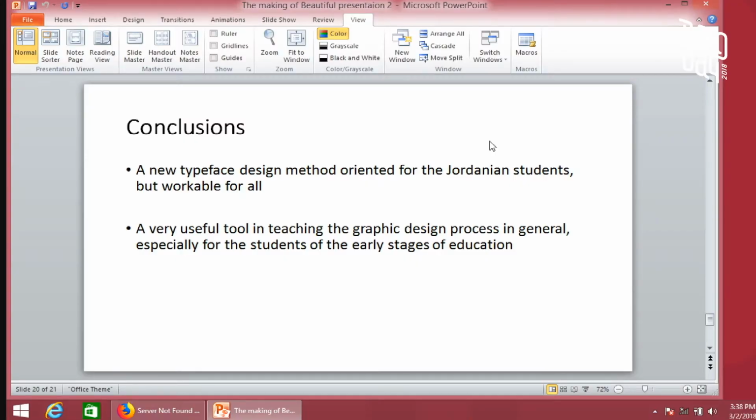We discovered that the new typeface design method oriented for Jordanian students is workable for all, and it is a very useful tool to teach the graphic design process in general, basically because first-year students at the German Jordanian University usually take the first course in typography in the second semester of their first year, and they take Arabic typography in their third semester.